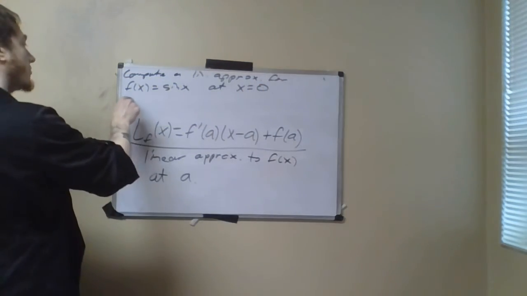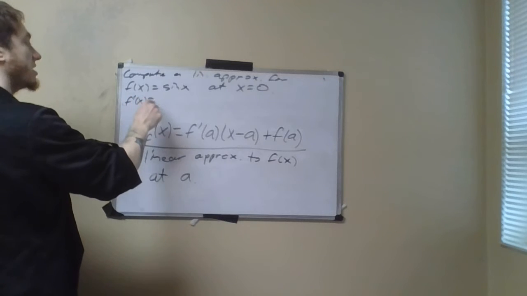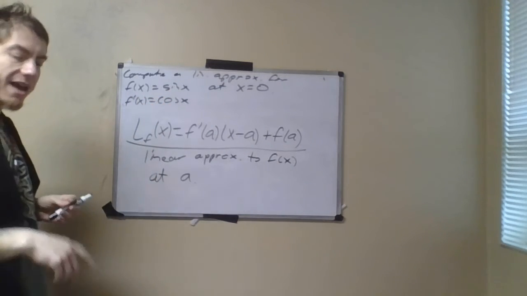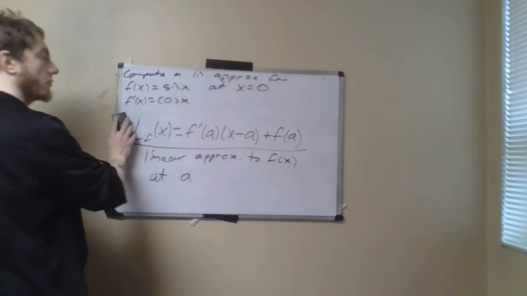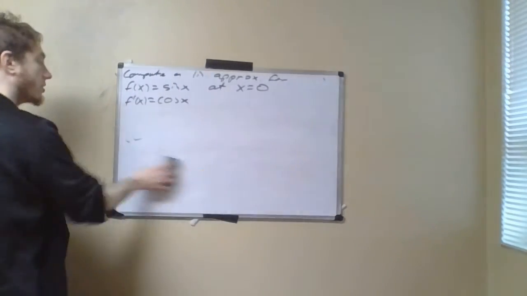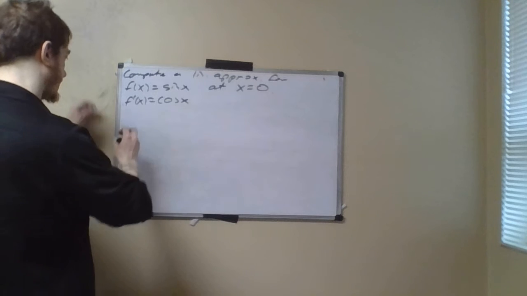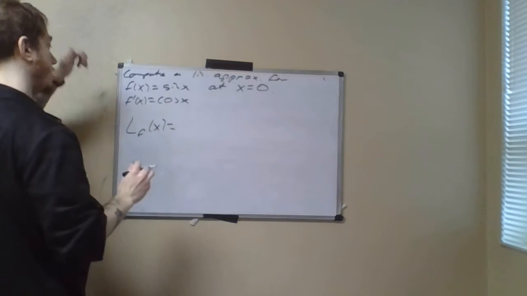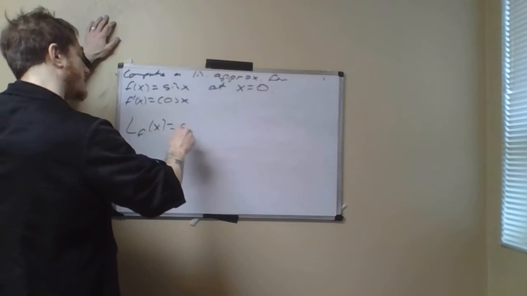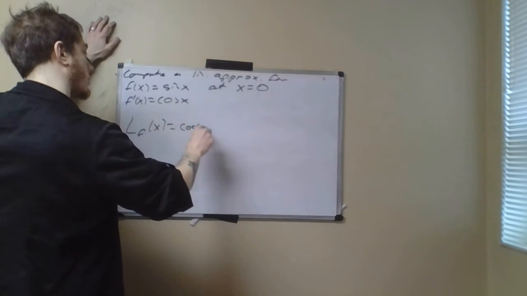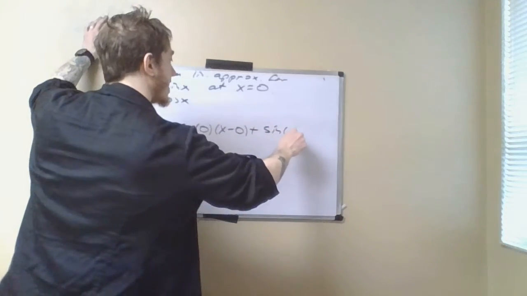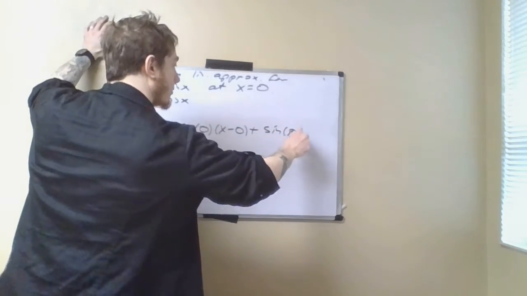Well, f prime of x in this case is going to be equal to cosine x. So that means if I take this formula for the linear approximation, this is going to be equal to cosine of 0 times x minus 0 plus sine evaluated at 0.